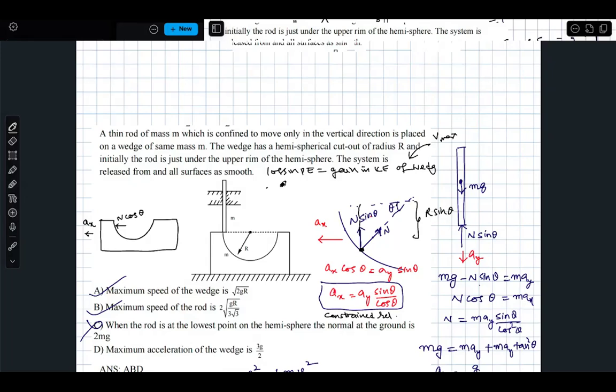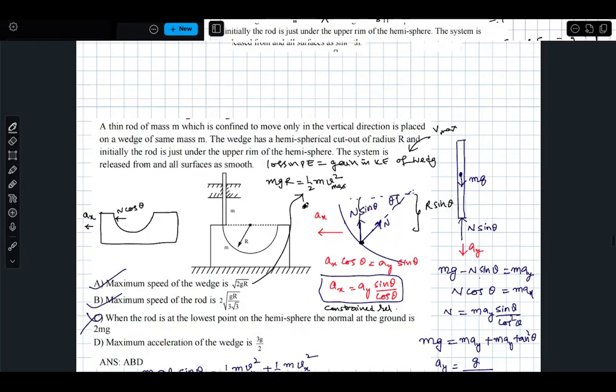Therefore, simply mgR is half M V maximum squared. From this, you will get the relation. At least A you can do. Whether you are good with B, C, D or not, that's a different story. A and B you can do.